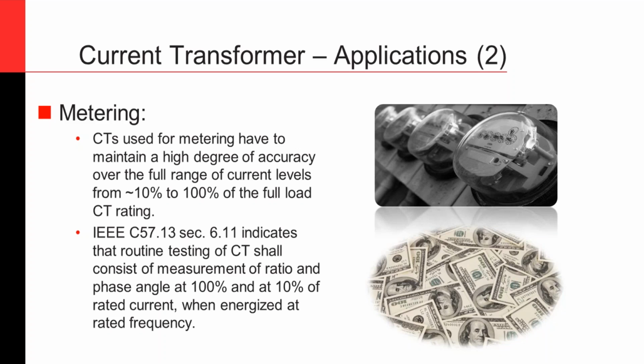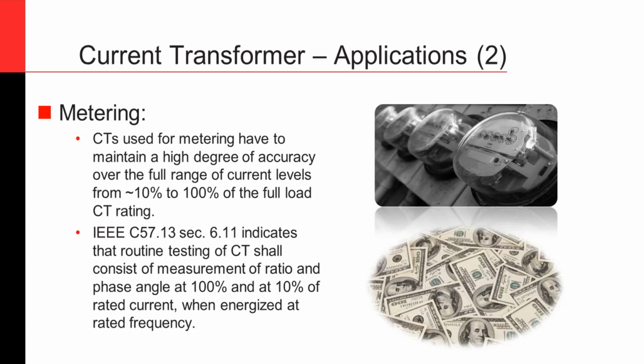And the IEEE C57.13 indicates that your CT, anywhere between 100% of the rated current to 10% of the rated current, should have a consistent measurement ratio and also phase angle, meaning that your phase angle deviation and also your ratio calculation should be accurate anywhere between 100% to 10% of the rated current, and also at rated frequency.